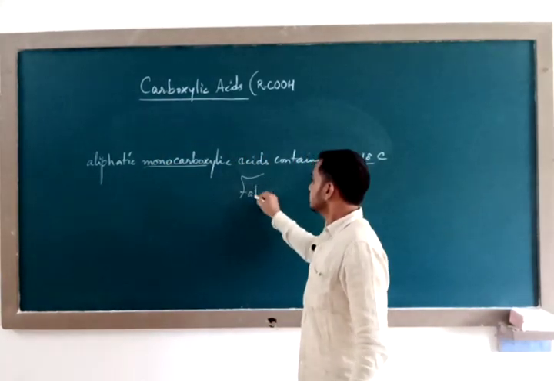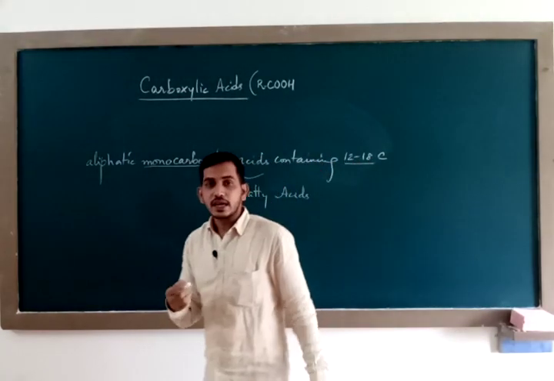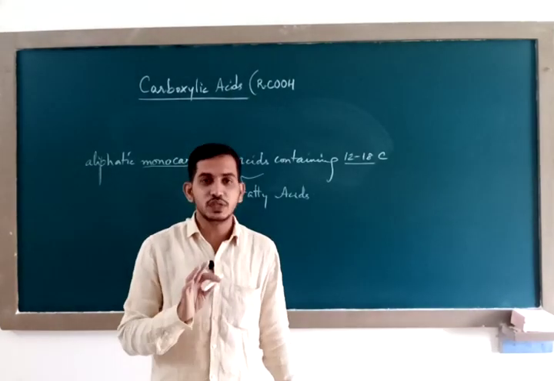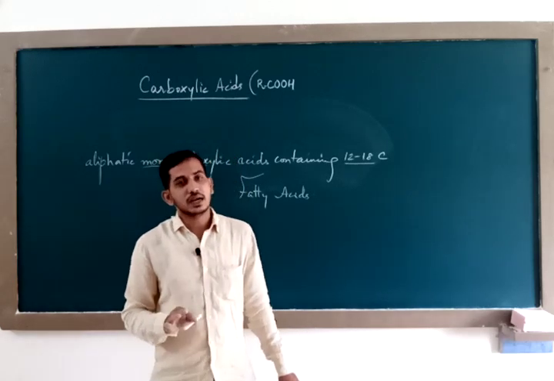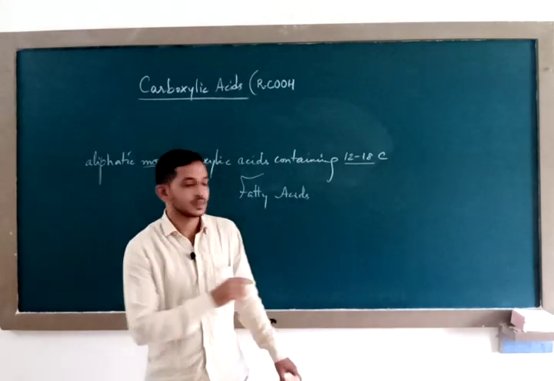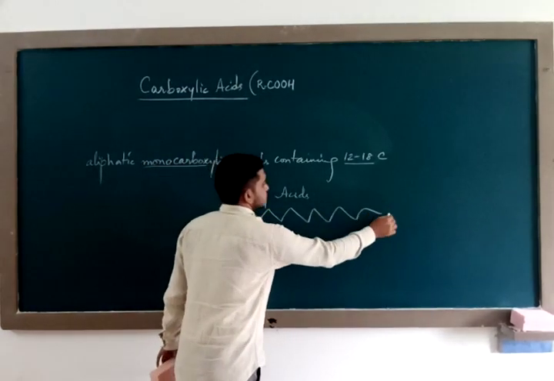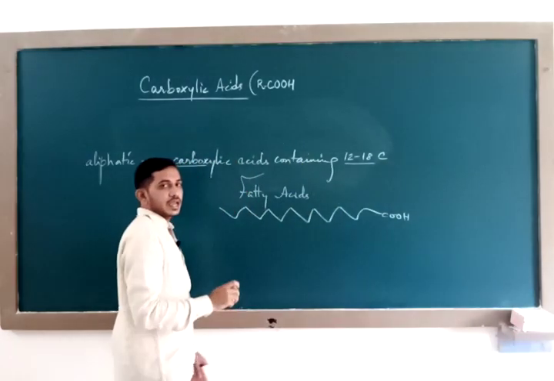Then they are called fatty acids. So fatty acids are aliphatic monocarboxylic acids which contain 12 to 18 carbon atoms in a straight chain. Means you can have this chain straight and it should contain at least 12 and a maximum of 18 carbon atoms.